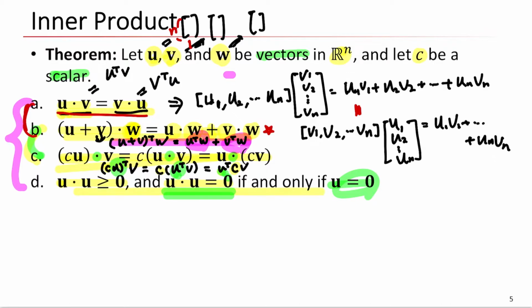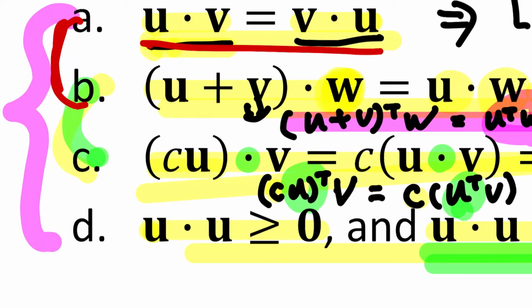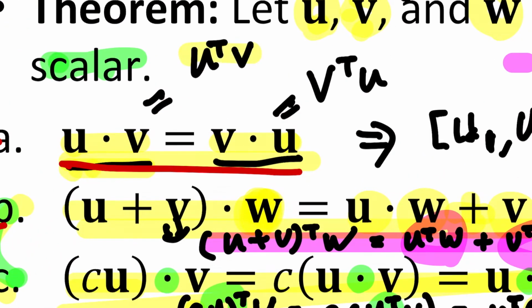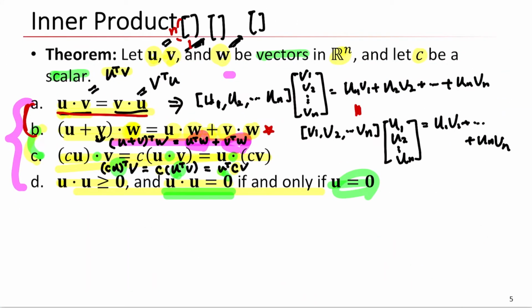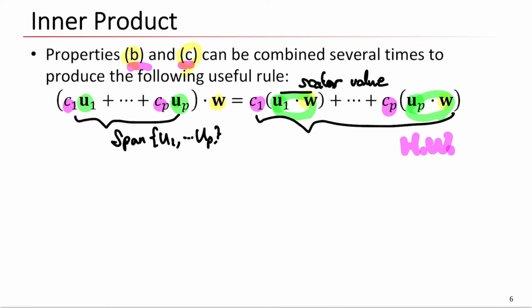and this one, right? You can easily prove these properties because the inner product can be formulated with the transpose of the vector. It means that the inner product of u and v is equal to u transpose v. By using the properties of the matrix or vector transpose, we can easily derive these properties.